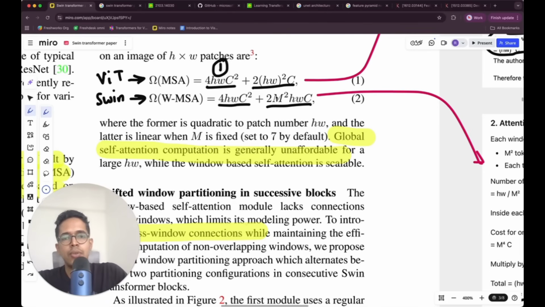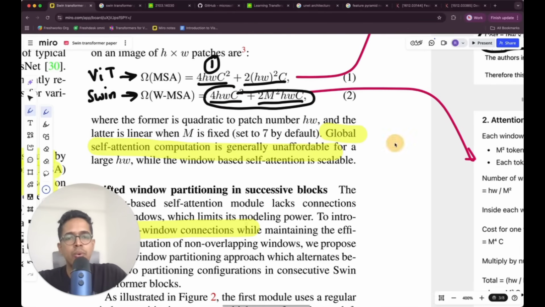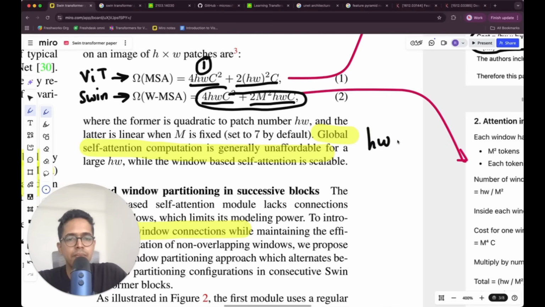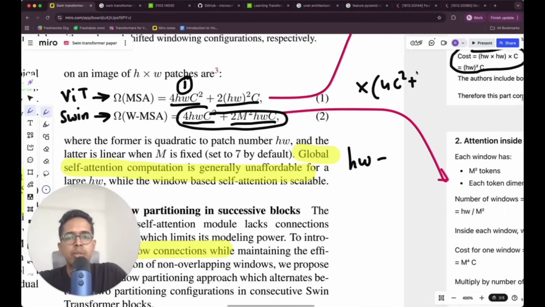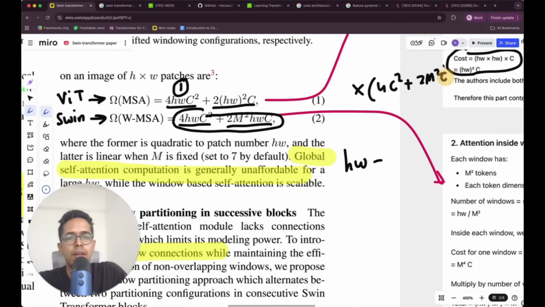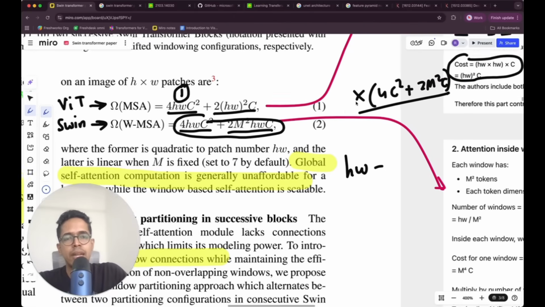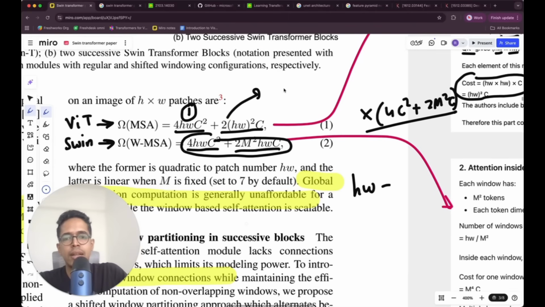If you look at this whole equation as a function of HW, let's say HW is equal to X. This is a linear equation because this is X times (4C square plus 2M square C). So this is a linear equation, the Swin transformer equation. On the other hand, this is a quadratic equation: 4XC square plus 2X square C. This is the linear term of the quadratic equation.